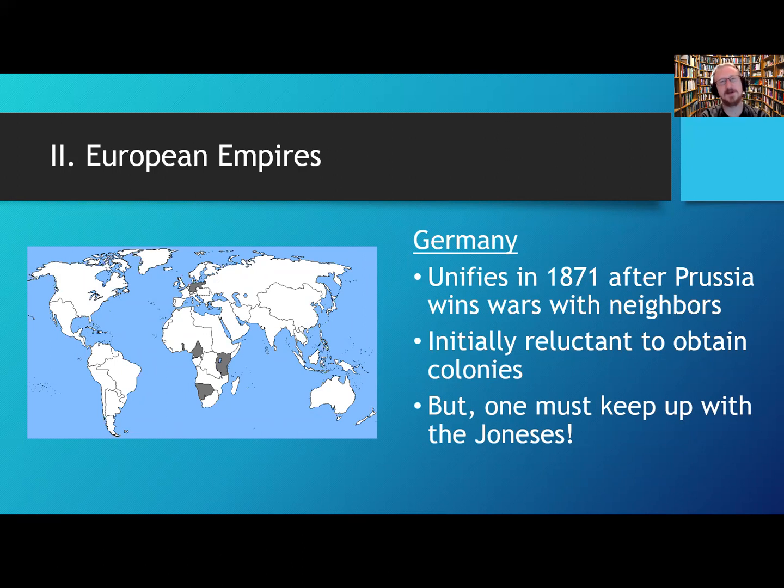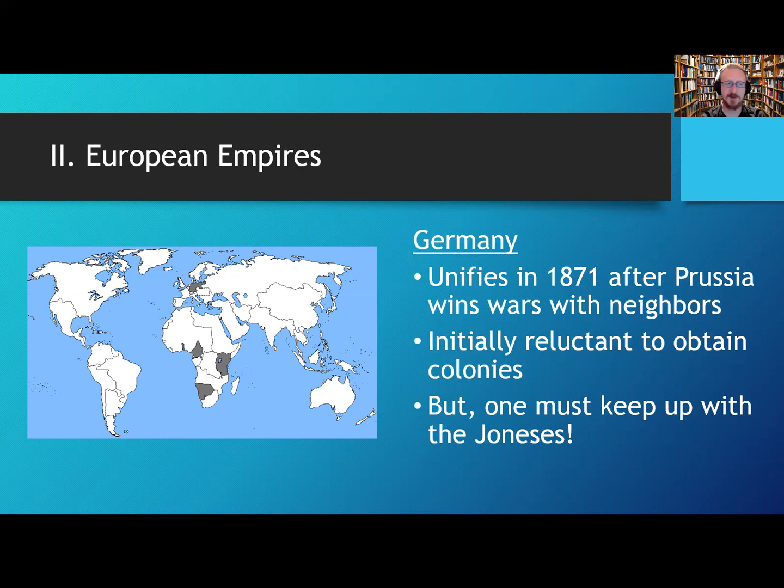But it's believed, and this is another document to read this week, that one must keep up with the Joneses in the realm of imperialism. For instance, if Germany doesn't start gobbling up parts of Africa and forming an empire, it's going to fall behind the other civilized white races, the other white nations of the world, and Germany is going to atrophy before it's even begun to be its own empire, its own country, its own civilization.